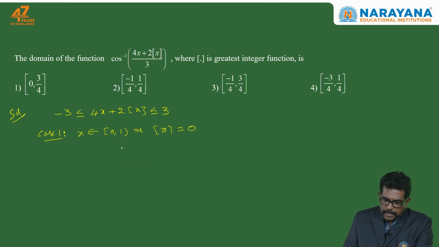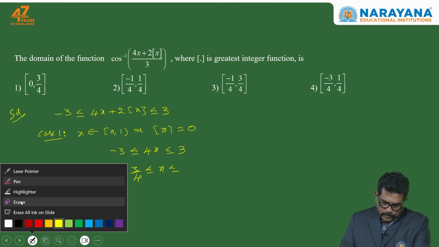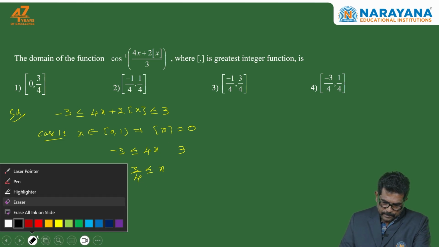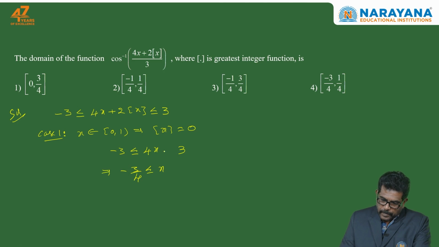And the inequality becomes minus 3 is less than or equal to 4x is less than or equal to 3. Now from this, minus 3 by 4 is less than or equal to x is less than or equal to 3 by 4.